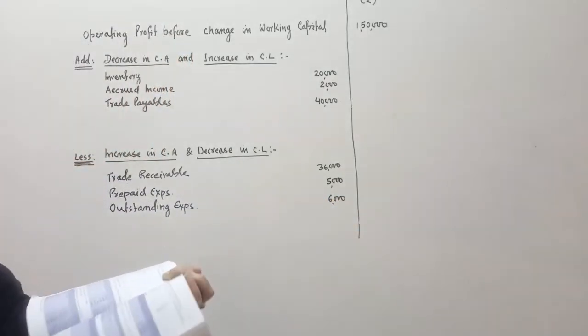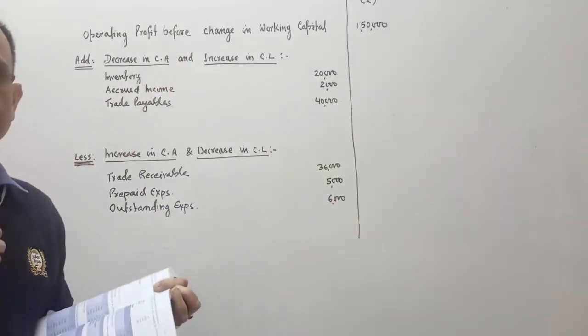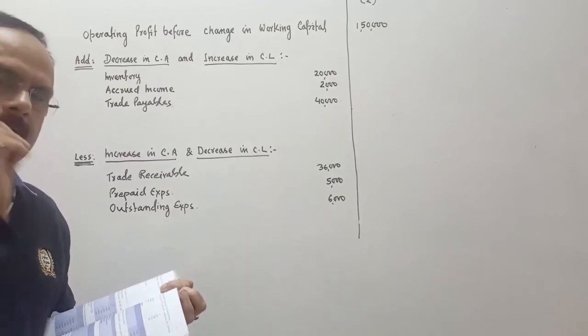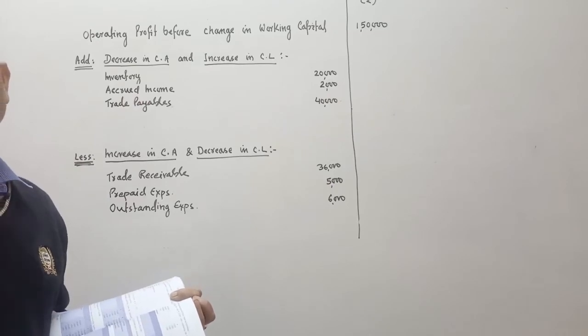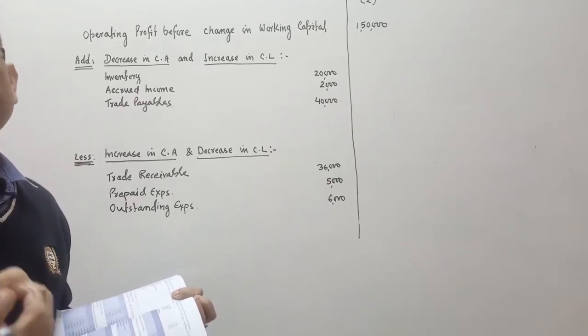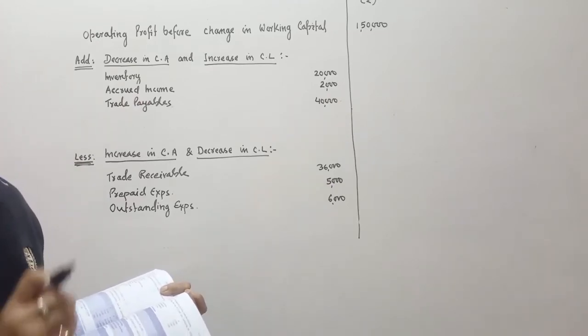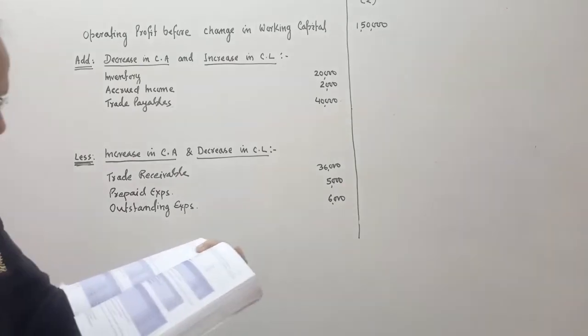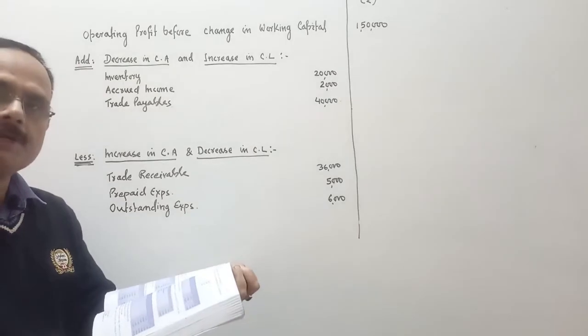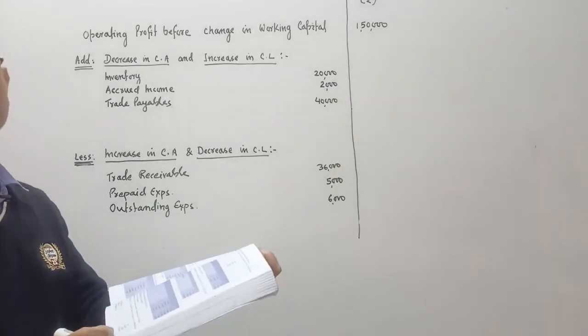Next is income received in advance. It's a current liability, meaning it's an unearned income, or you can say unexpired income. Last year it was 3,000, and in 2018 it becomes 2,000.